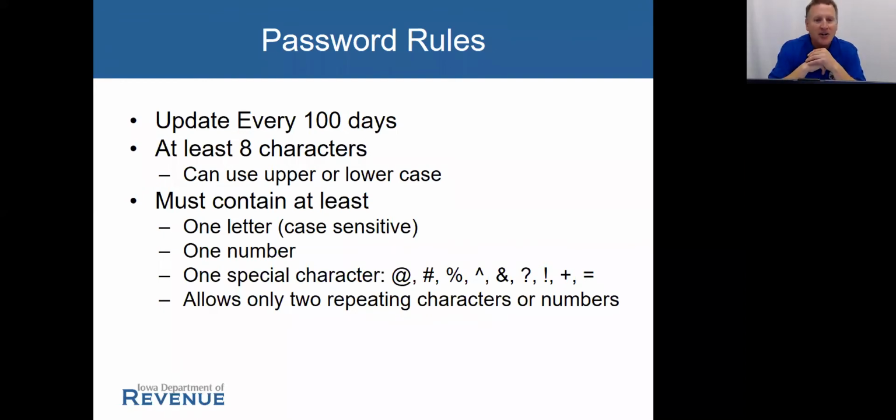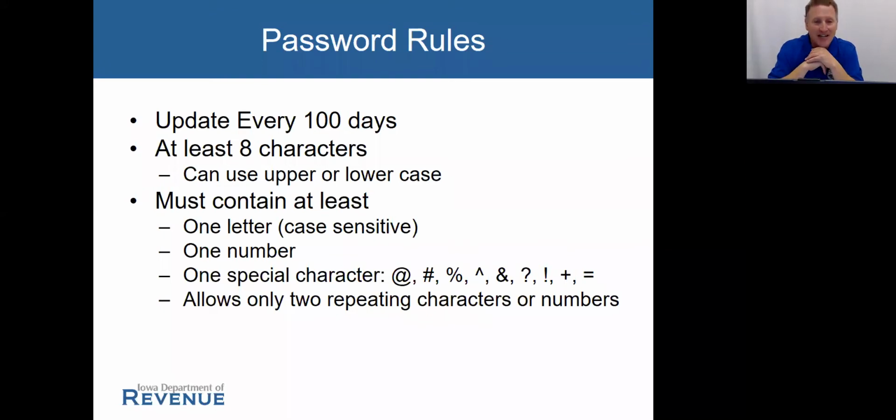At least 8 characters, at least 1 letter, 1 number, 1 special character, only those special characters that we have listed on screen, and it only allows 2 repeating characters or numbers. I've been on the phone with some folks, I hope none of you are listening today, and we've had to go through this 4 times because they miss one of these requirements.